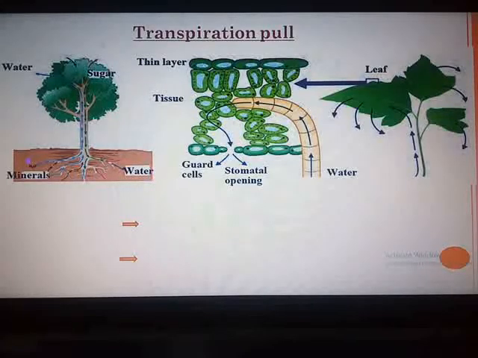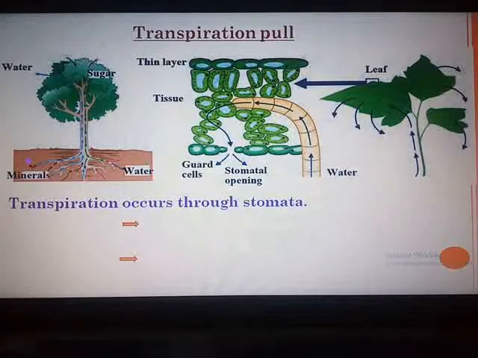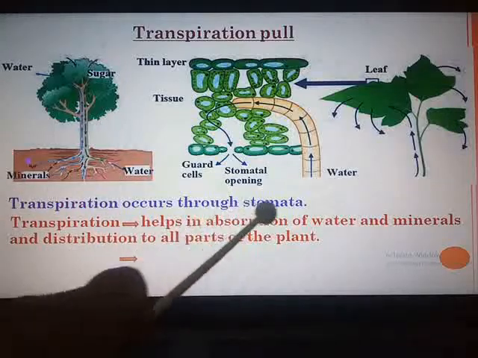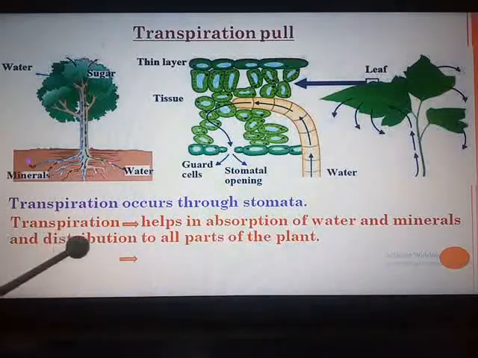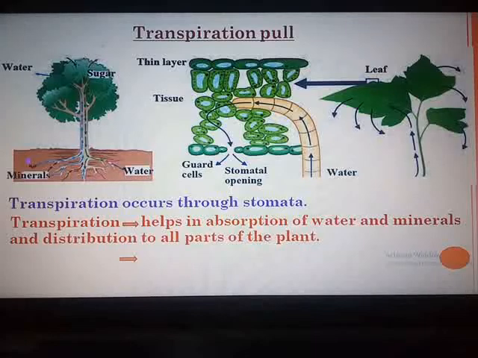I have told you earlier that it is the xylem, a specific tissue, which helps in the absorption and transportation of water. Hence the water lost by throwing out vapor through the stomata is brought up to the leaves through the xylem so as to compensate for the lost water. And this transpiration helps in the absorption of water and minerals and then their distribution to all the parts of the plant.